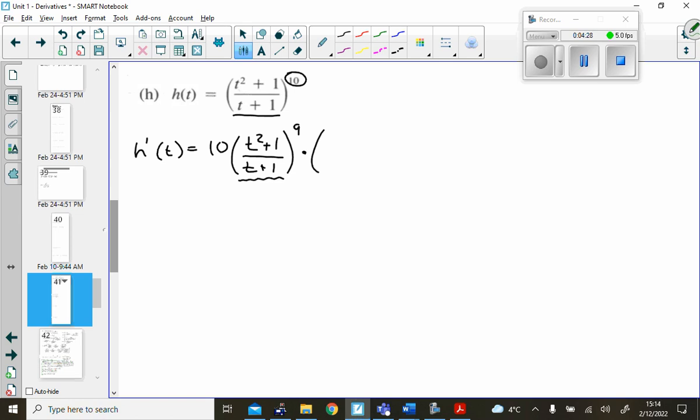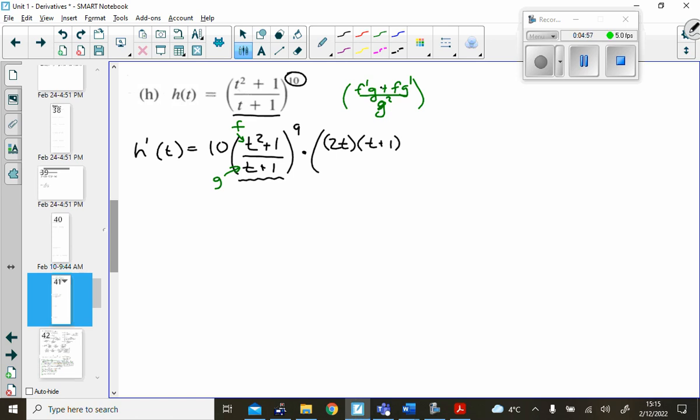Again, the top part of that fraction is f. The bottom of that is g. And I'm going to do the f prime g plus fg prime over g squared in this bracket. So f prime, the derivative of t squared plus 1 is 2t. f prime times g. g is t plus 1.